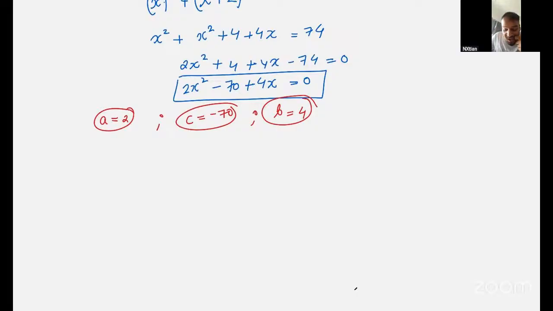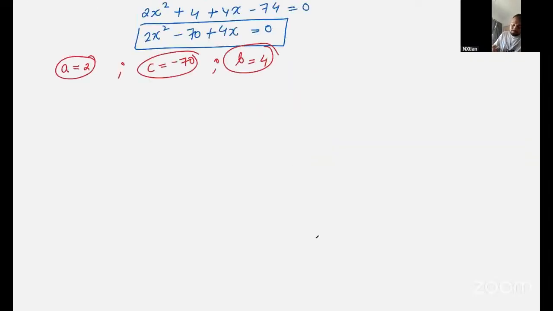No, sir, I got x is minus 5 and 7. So the numbers are 7 and 5 that I took. You got x as minus 5 and 7. Check the signs. The signs are different.